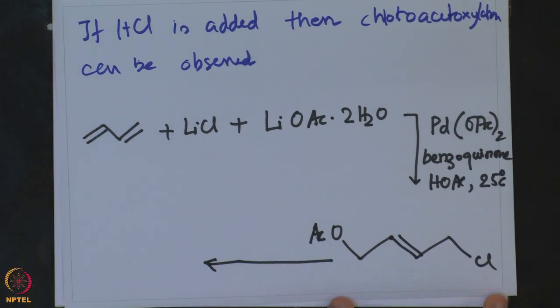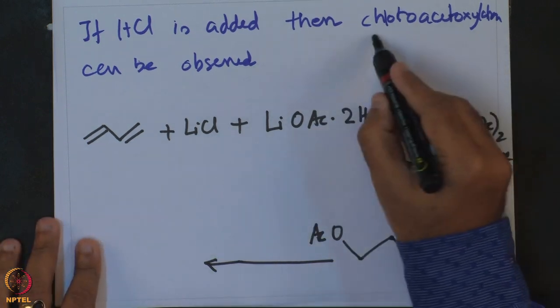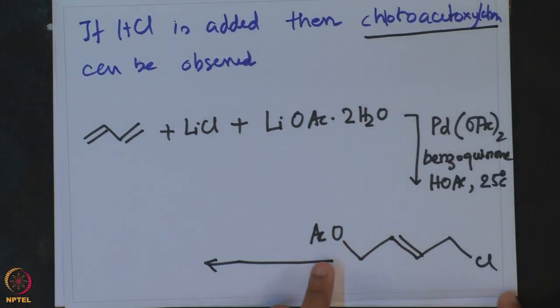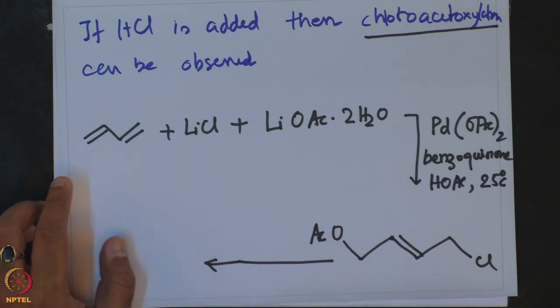So, here we see this example of chloroacetoxylation, where instead of obtaining diacetate at the end of the butane linkage, one side is acetoxy and the other side is chloride, and this is obtained by presence of HCl.